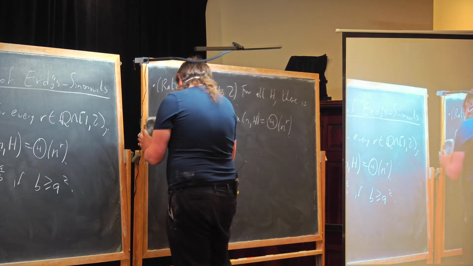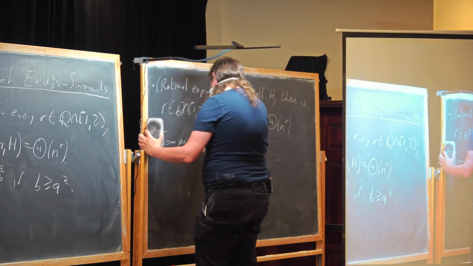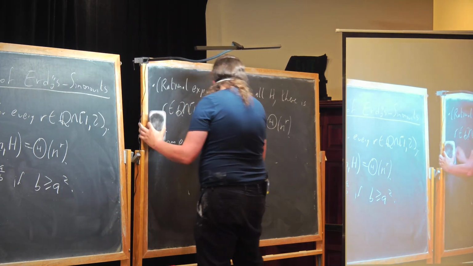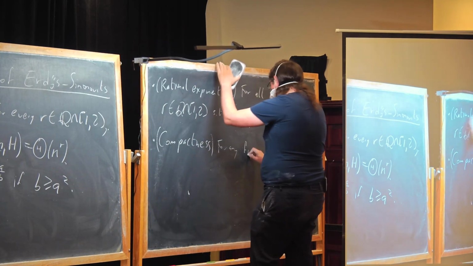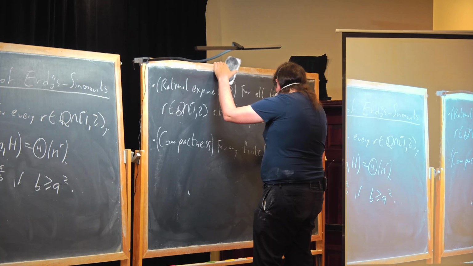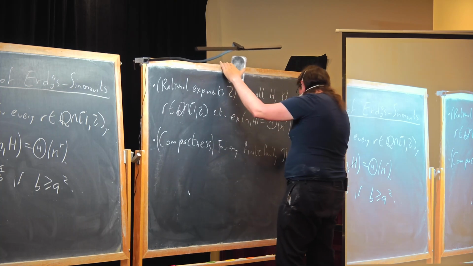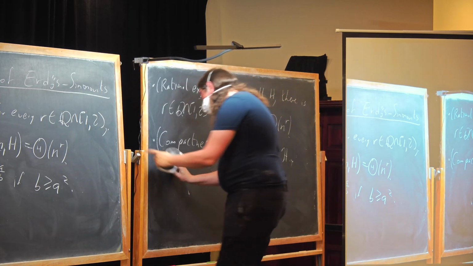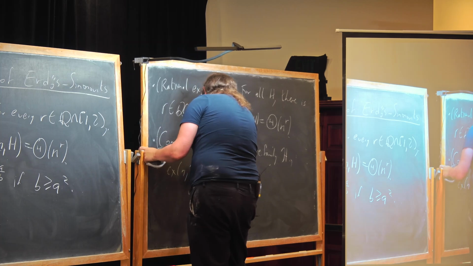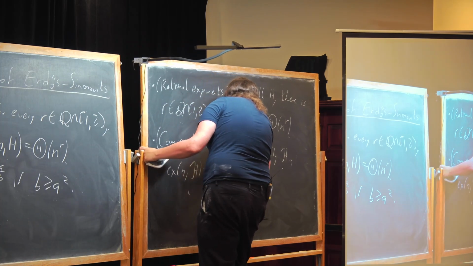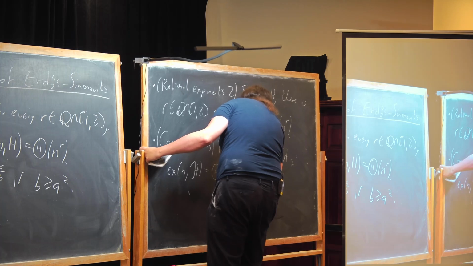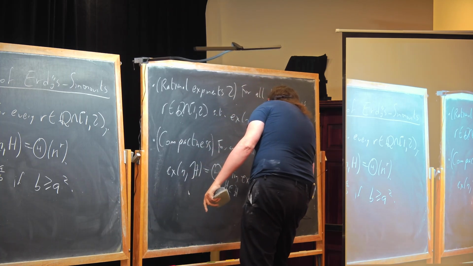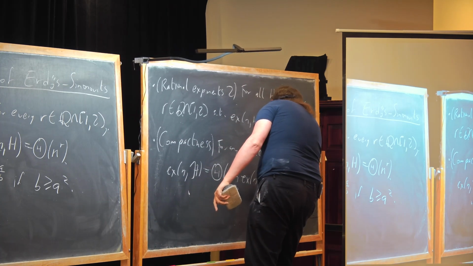And the other thing is what's called compactness. This says that for any finite family H, the extremal number of the finite family is theta of the minimum over all H in that family of the extremal number.